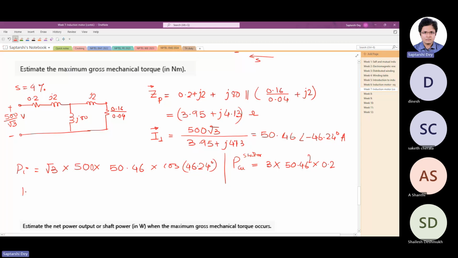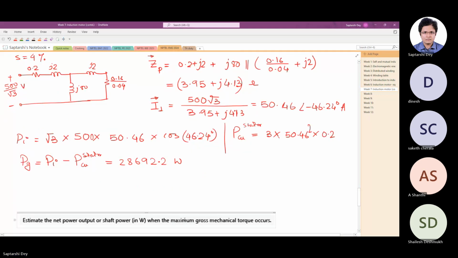So now if you find out the air gap power PG, that is PI minus this, this will give you the air gap power. Now we found out that torque is air gap power by synchronous speed. Synchronous speed is 1000 rpm.